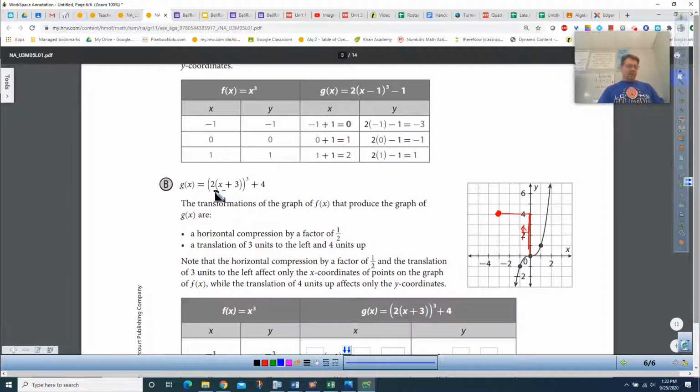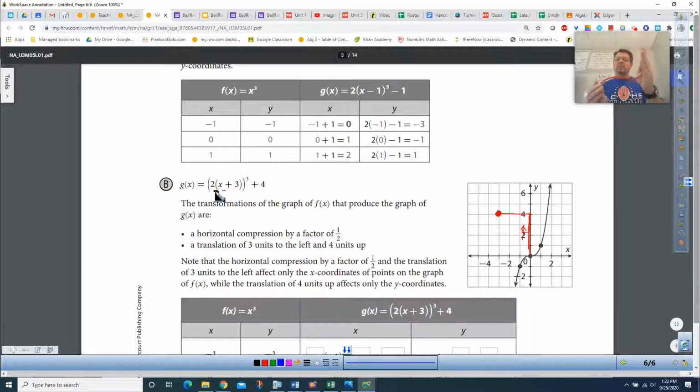So let's think about this. It's kind of harder to do this with my little guy here, okay? So if I take this cubic here and I compress it horizontally, that makes it taller, right? So when it's on the inside and the rise is bigger, that's called a horizontal compression. Okay, if I stretch it horizontally, it's getting wider.